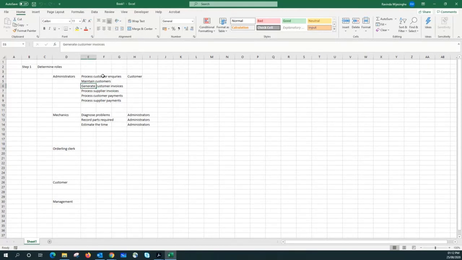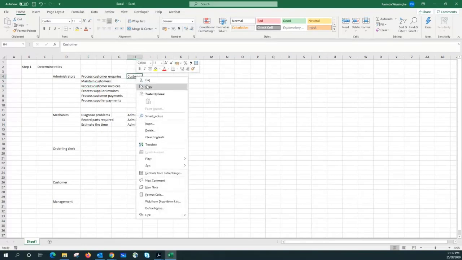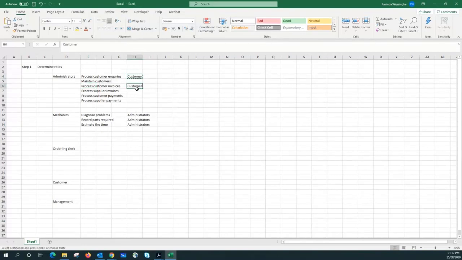Actually, I will name this one process customer invoice, rather than generate customer invoice. They are informing the customers, so that means this customer invoice use case can be accessed by the customers as well. We should give some kind of interface to the customer so that they can access the customer invoice.